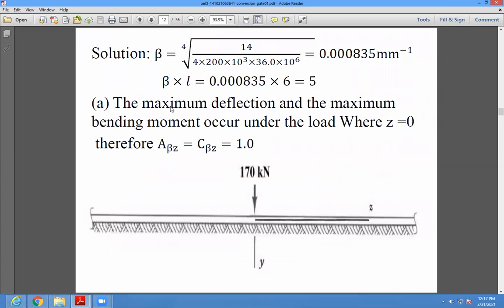Put the values and check whether it is correct or not. Beta is equal to 14 by 4 into 200 into 10 raised to 3, that is 2 into 10 raised to 5, into 36 into 10 raised to 6. Calculate the value of beta and check. 0.000835.